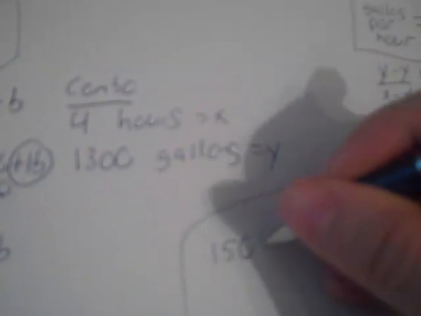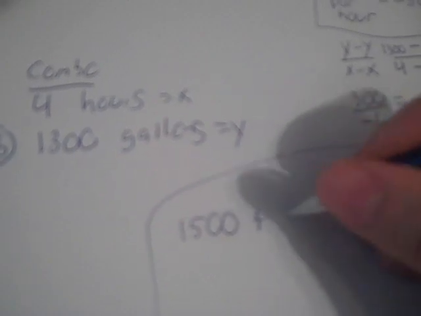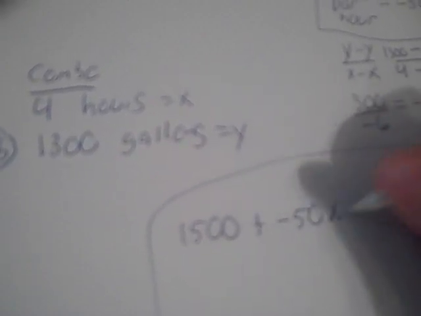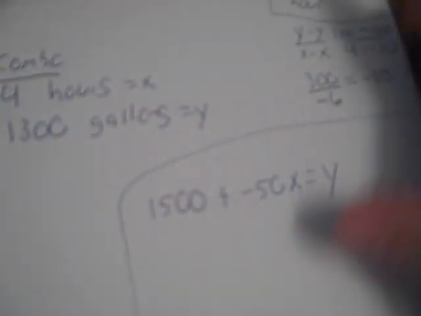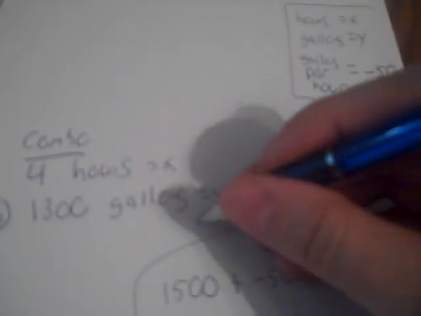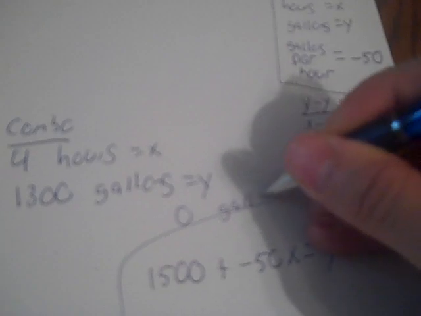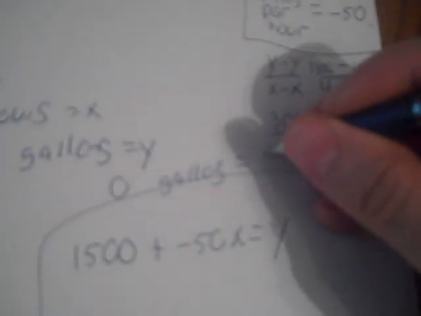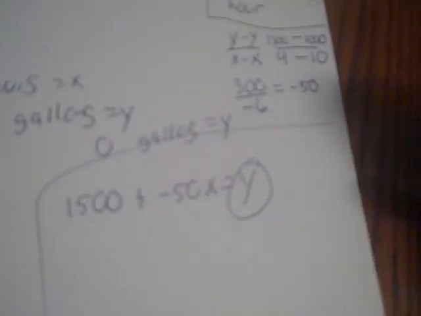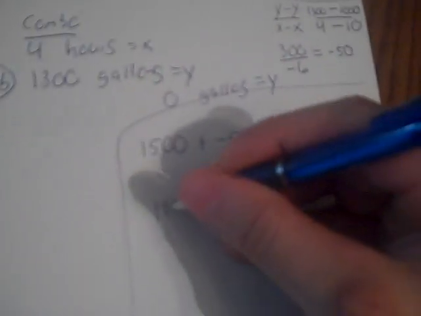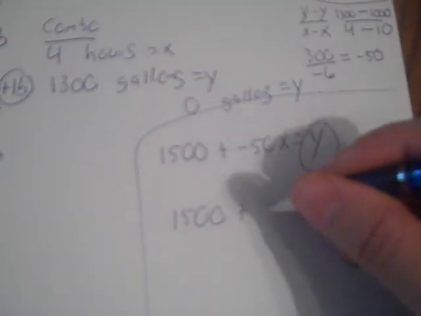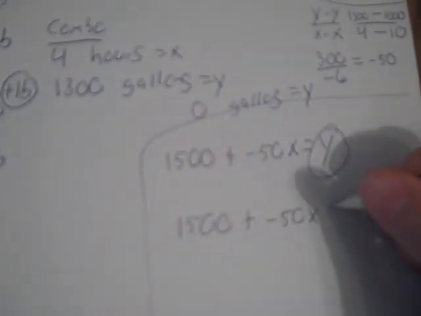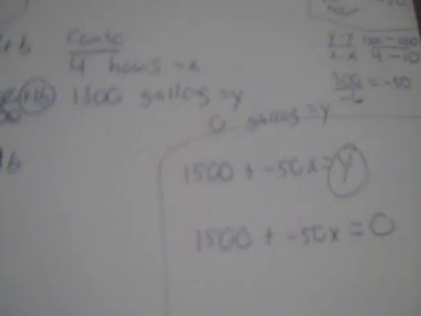All right, so we can write our equation. So 1,500 plus negative 50x equals y. Okay, 0 gallons is the replacement value. So what letter would that go in for? 0 gallons, so that would go in for our Y. So that's where we put that in. So 1500 plus negative 50x equals 0.